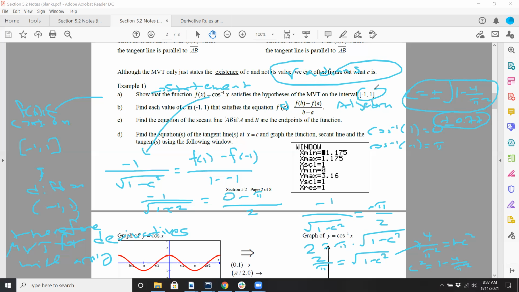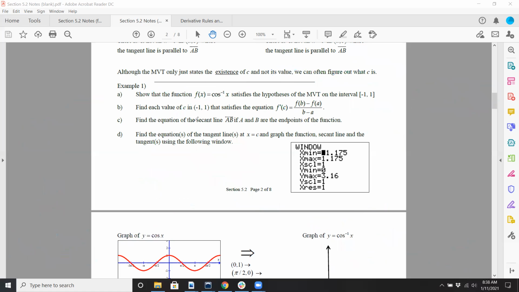Then you're asked to find the equation of the secant line AB, if A and B are the endpoints of the function. Okay, that should be pretty easy. Well, we already know the slope is negative pi over 2. So we go ahead and clear my drawings here.